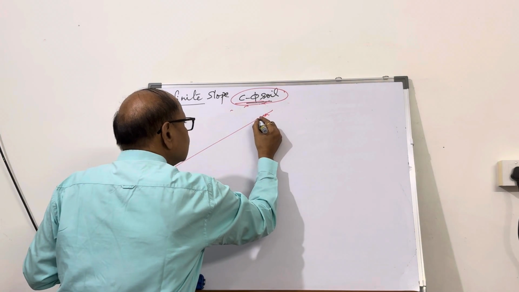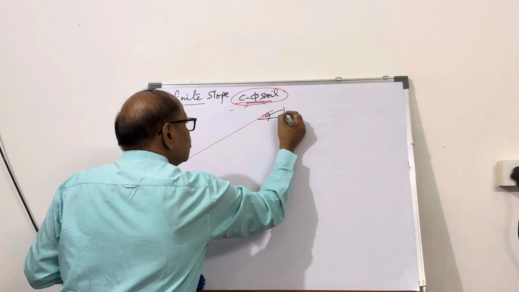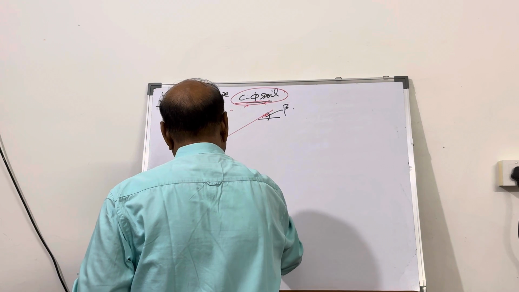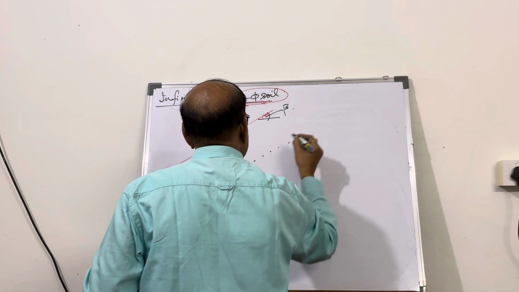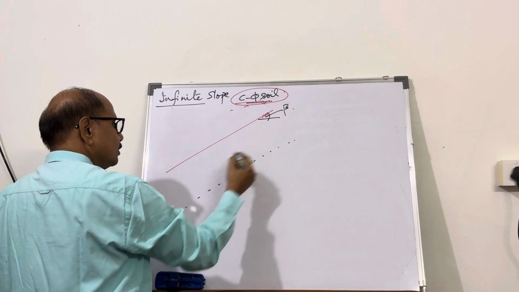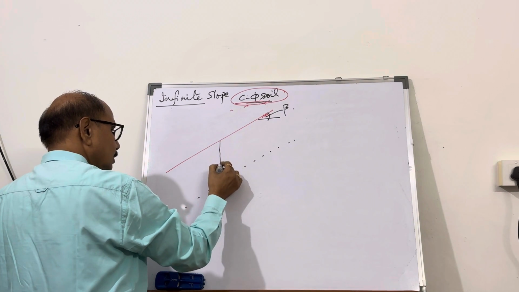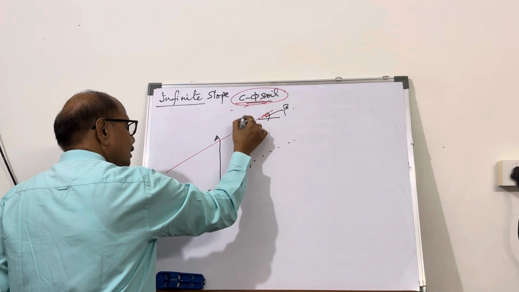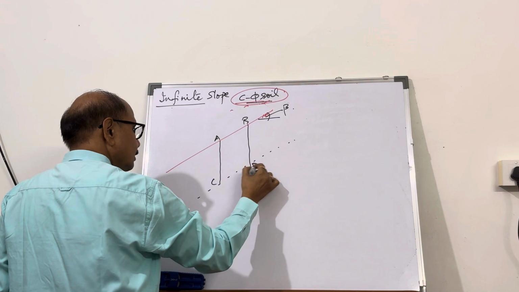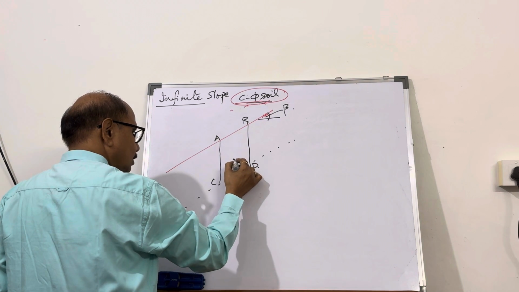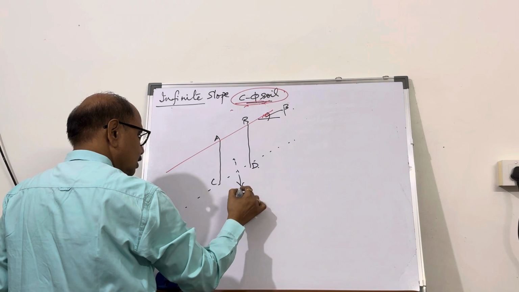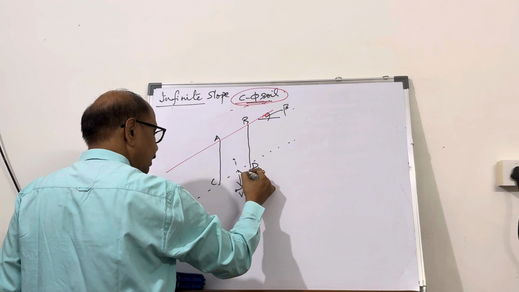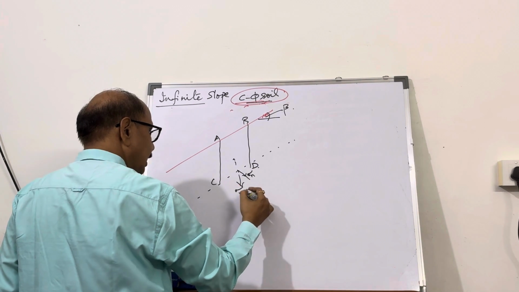So slope angle, no change, beta, and the failure surface is going to be inclined like this, and the slice ABCD. And therefore, we can find out sigma V, we can find out sigma N.